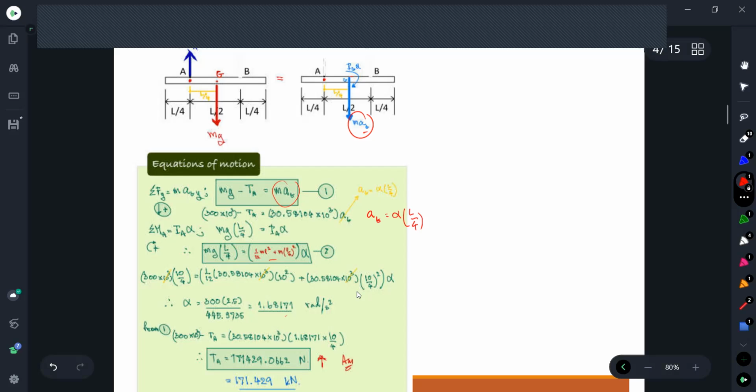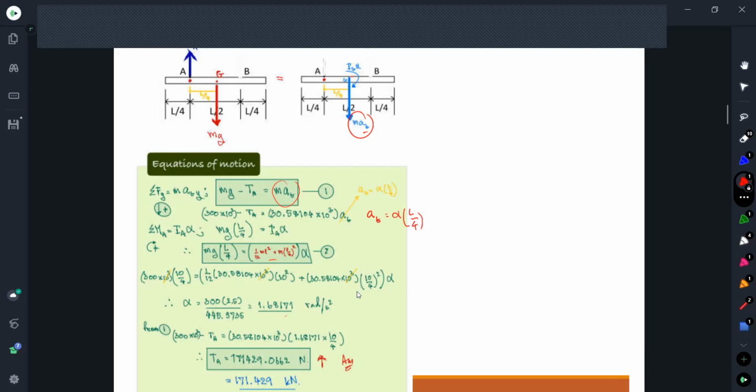And after that, we can compute the tension T_A, that is equal to 171.4 kilonewton.